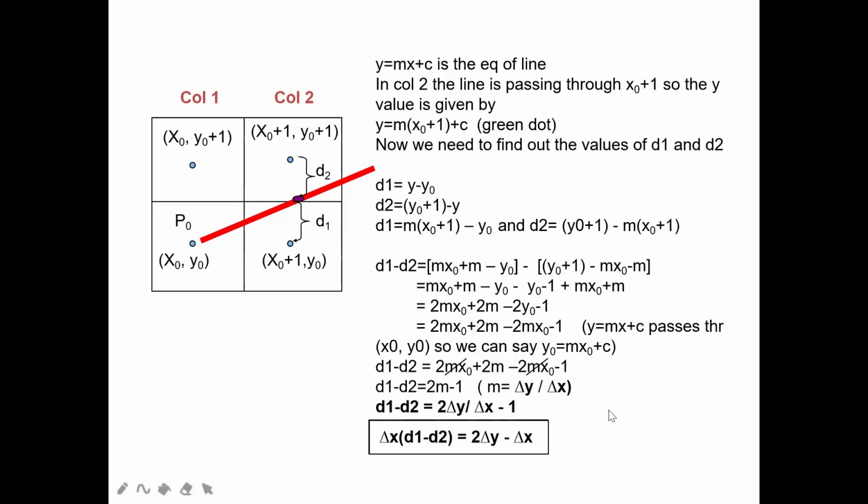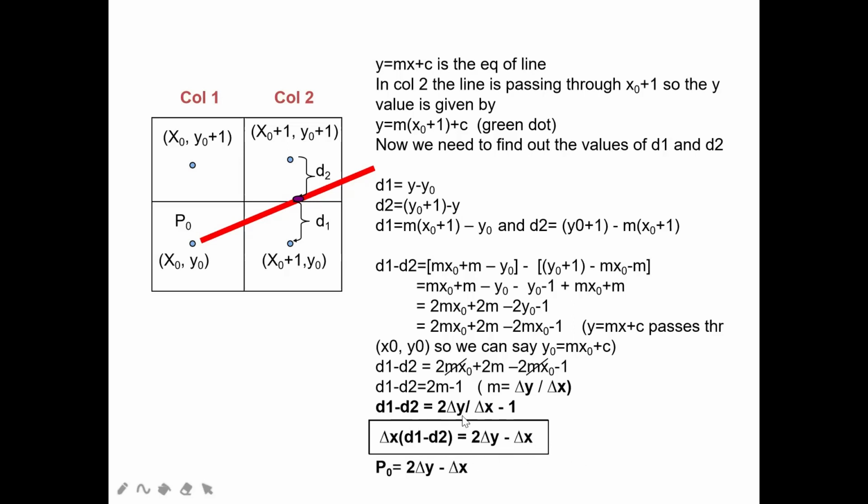If you are getting it like this, then the value of m, we know, is del y by del x. So put that value also here. Then this del x multiplies with this. Whatever procedures we have just done, similarly we are repeating it just to find out the value. So here we got 2 dy minus del x.